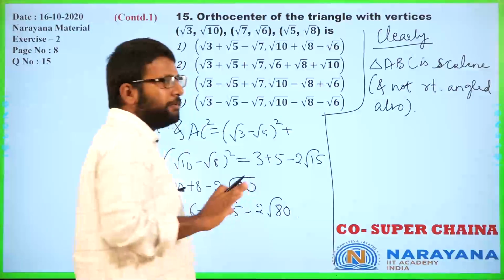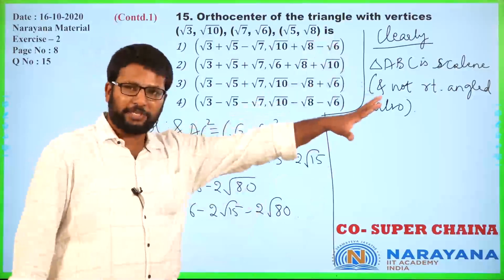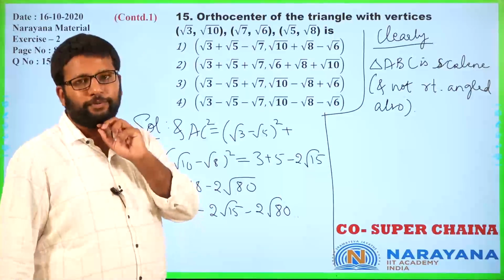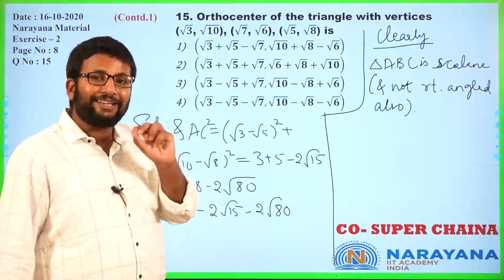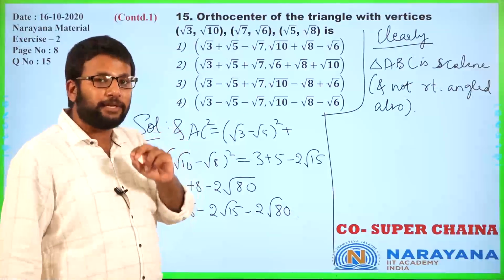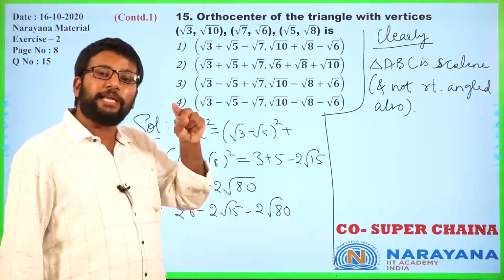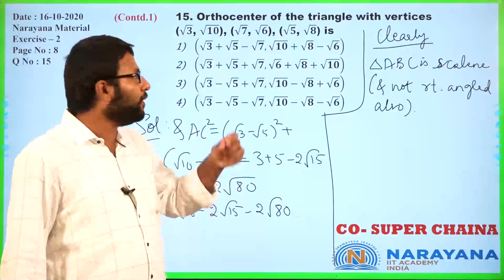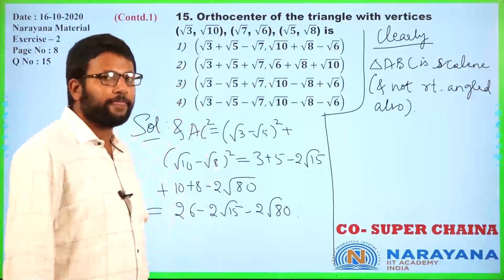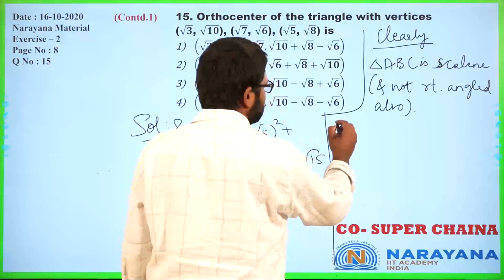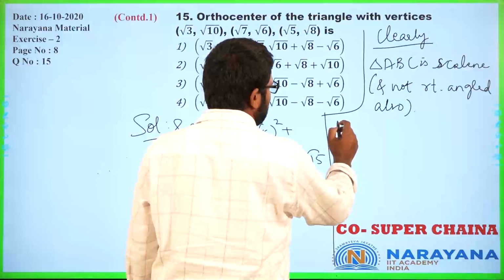So, no special properties. Now, if there are no special properties, what should we do? Then ask yourself, is there anything special about the numbers given? Because if you don't know how to proceed, many times the information will be contained in the numbers. So observe the numbers carefully. Here we will say, now observe.